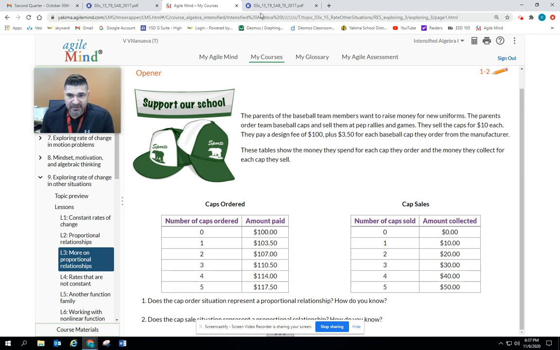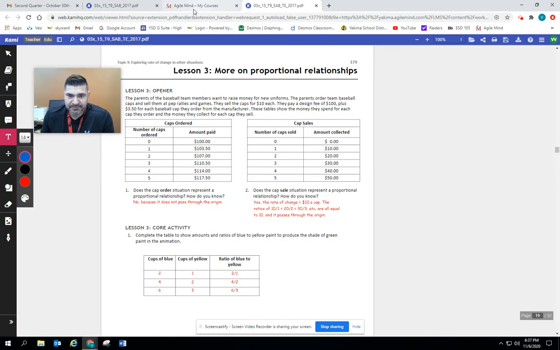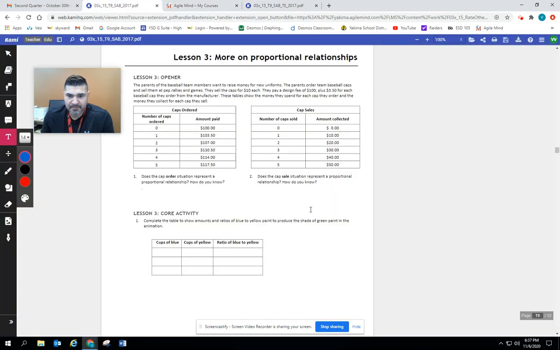All right, so let's go ahead and take a look here. We're going to look in our workbook. And it says here, we have the same information here. In the book, it says, does the cap order situation represent a proportional relationship? And then how do you know?